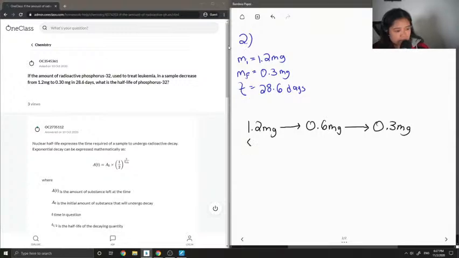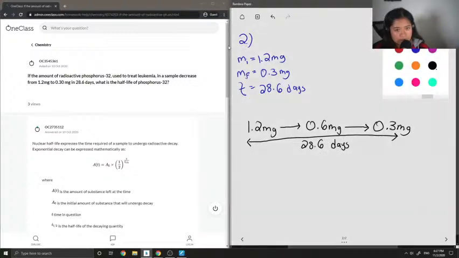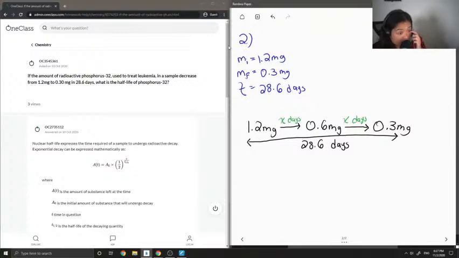And we know that this whole process took 28.6 days. So all we have to do is find out how many days it took for the phosphorus to get to 0.6 milligrams.